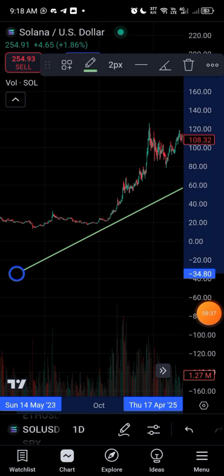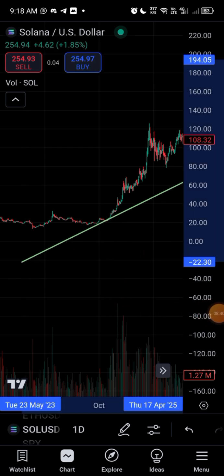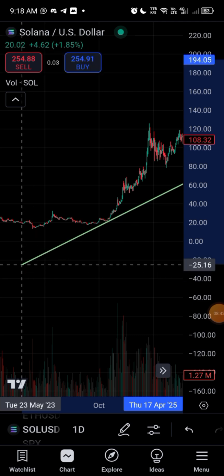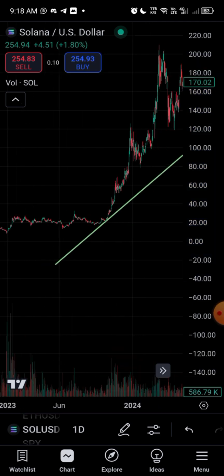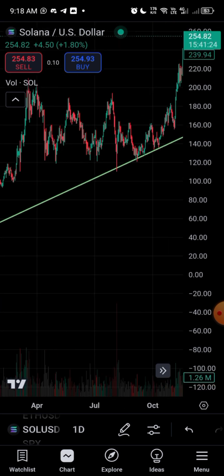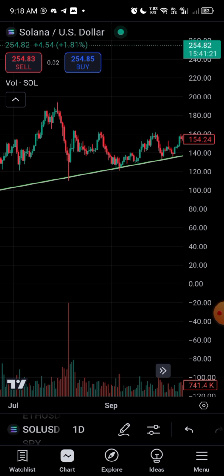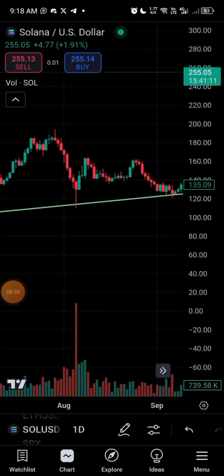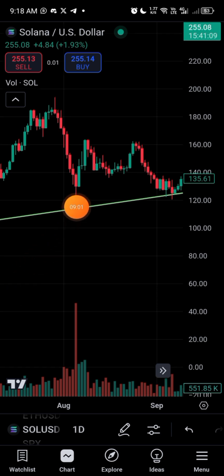If I draw this way and take it closer to this point, you will still see that we are still in the trend. How do I know that we are still in the trend? This one did not actually break the trend. It only came below it, but it did not break the trend, because the market did not close below it. Look at where the candle closed.